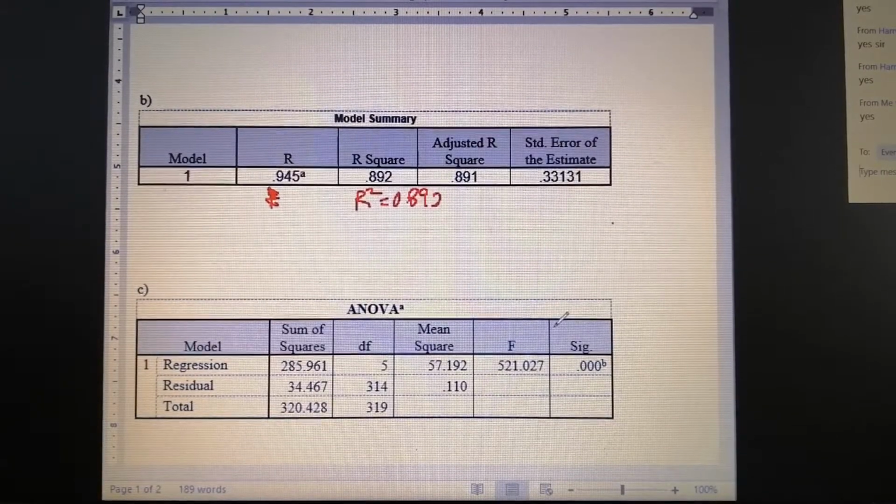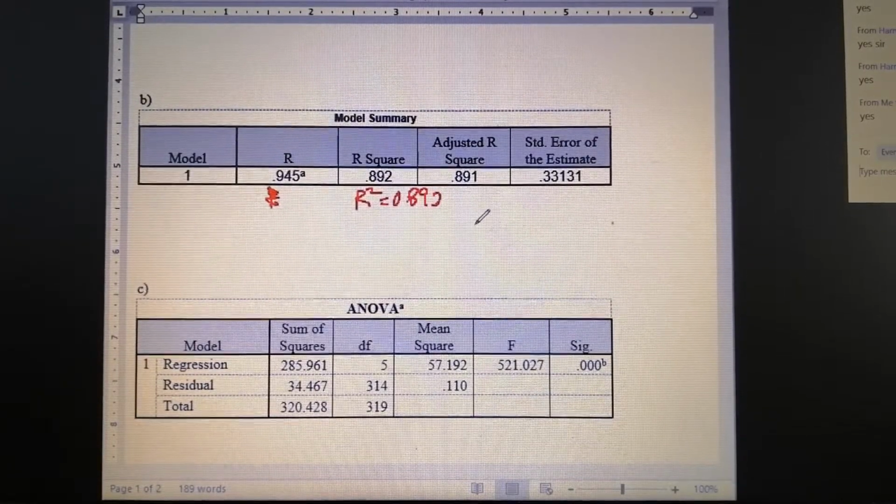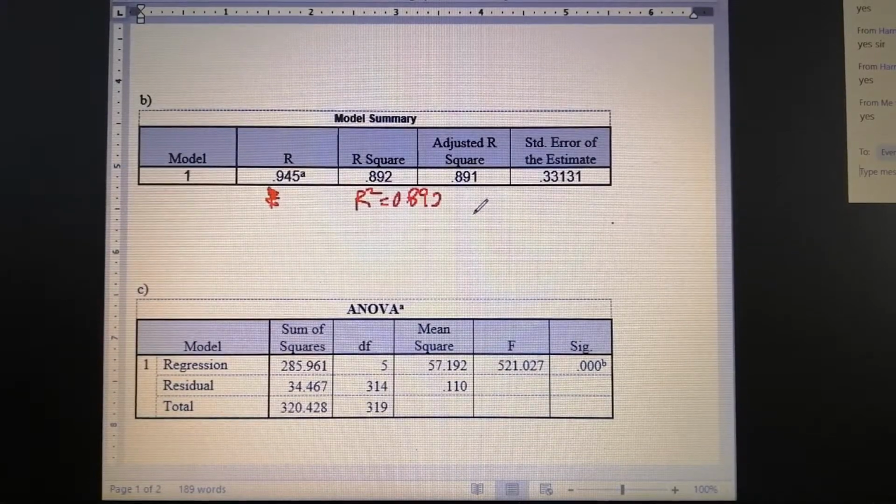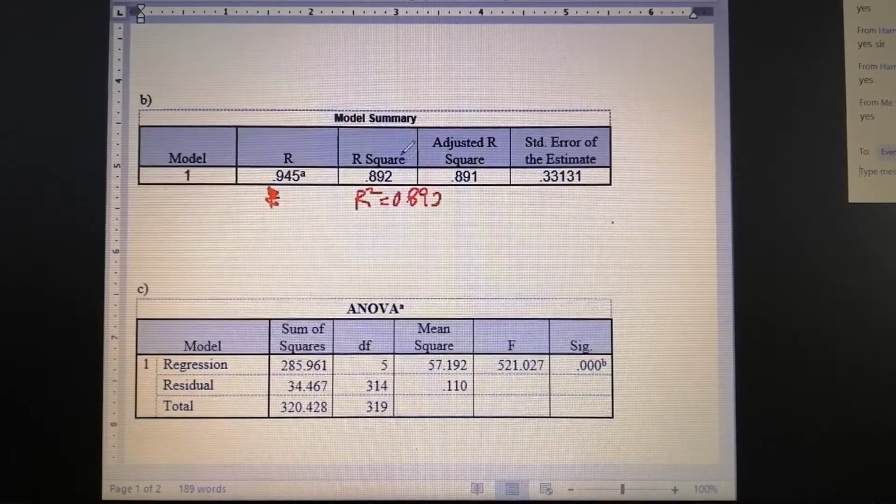So what can you conclude with this? Model 1, r is given 0.945. This is your r value and r square value, and this is the adjusted r square value.